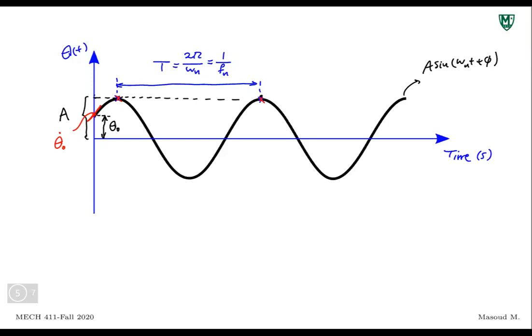So on this plot, we can see where the initial displacement is. We can see where the initial velocity is, the slope of the line at the beginning of the motion. We can see where the maximum amplitude is. We can measure the time period from this plot, as long as we find the distance between two peaks. And keep in mind, the time period can also be the distance between these two, as long as you finish a cycle.